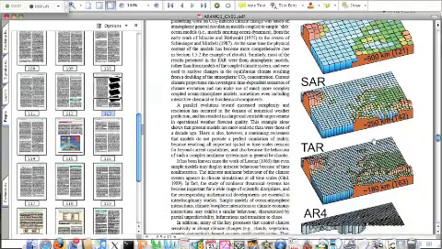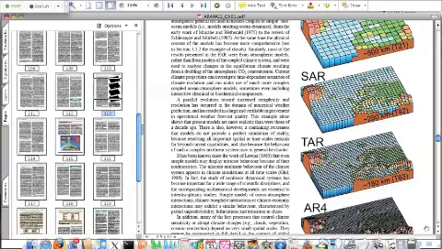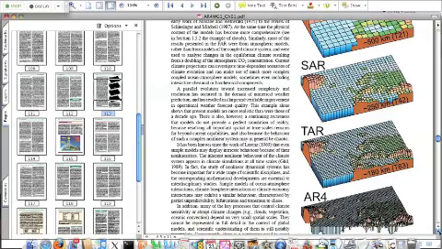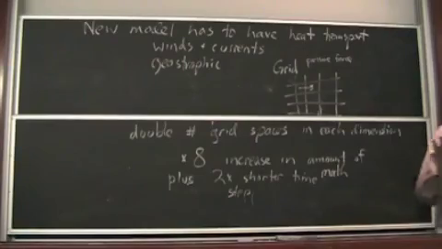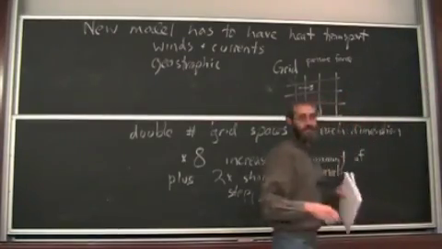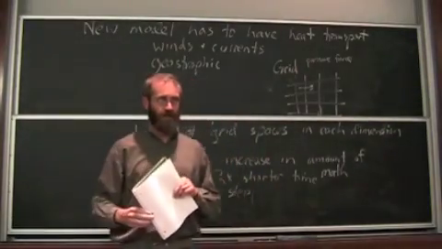And the world in those models looked like that, a pretty crude checkerboard. The second assessment report had grid spacing of 250 kilometers. The third and the fourth one just came out in 2007. And there it is. You can see each one of those is something like a factor of 2 increase in the resolution, which requires about a factor of 16 increase in the computer power to make it work.